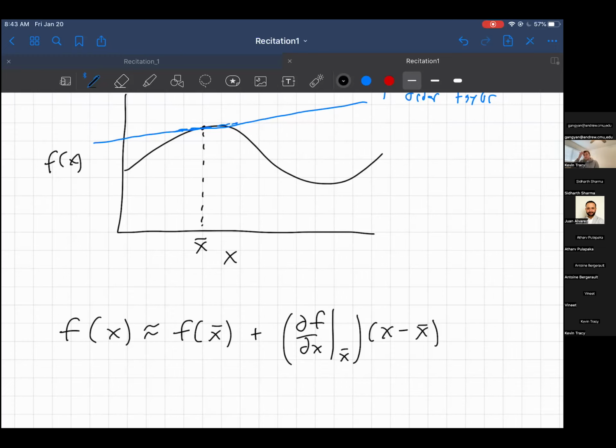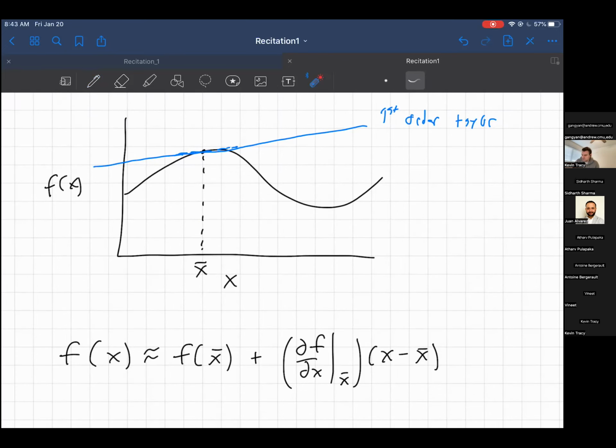The way I wrote things out here is super important. Basically, we have x bar, the point that we linearize about. X is this new value I'm trying to approximate the function at. And as you can see here, this function is super nonlinear, right? It's not a line. So when we try to approximate it with a line, we don't do that good of a job. This is why it's important to stay in the general region where the linearization is valid.